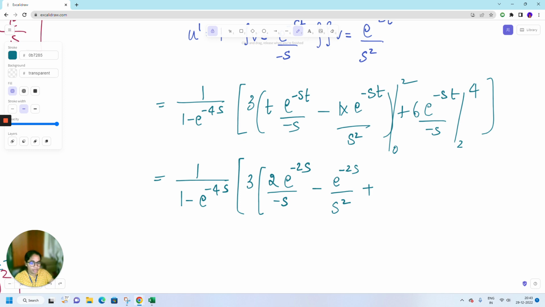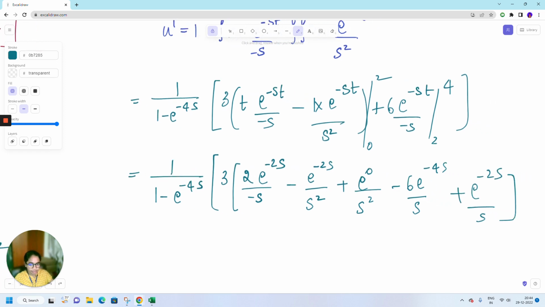Minus into the lower limit negative and this negative, that would be plus, and e power 0 divided by s square, plus 6 e power minus 4s divided by minus s. I'll write negative sign over here. Okay, so I would get minus divided by s. So lower limit minus and this negative becomes plus e power minus 2s divided by s.